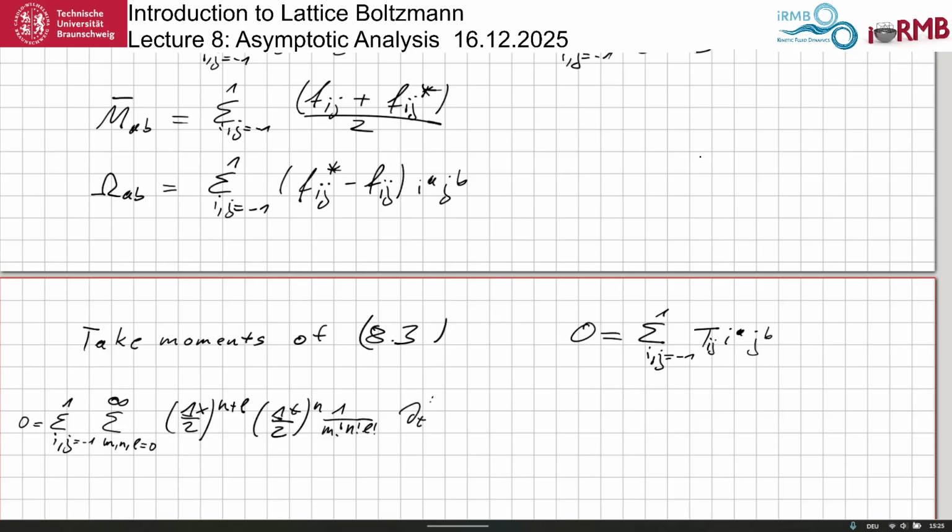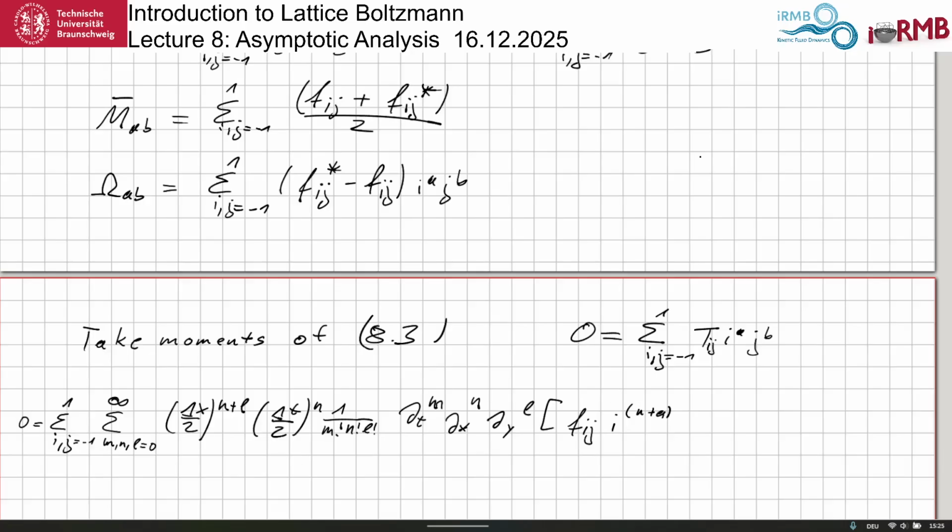So we have d_t^m, d_x^n, and d_y^l. And here we have f_ij. So what happens now? Because we multiply the entire thing by i to the power of a, we'll have now the power n plus a.